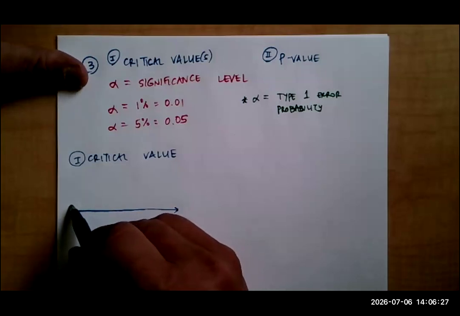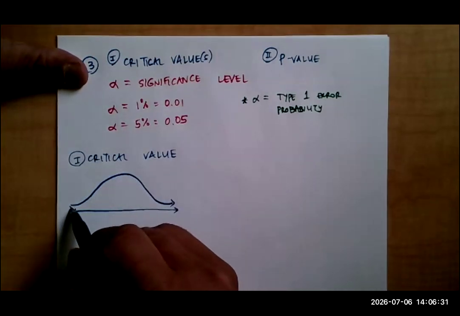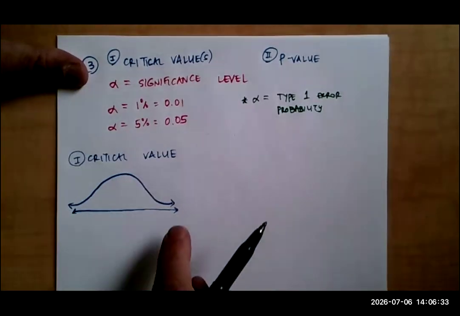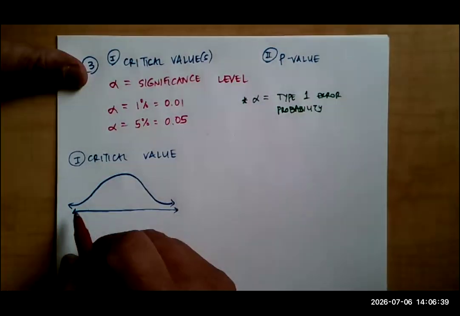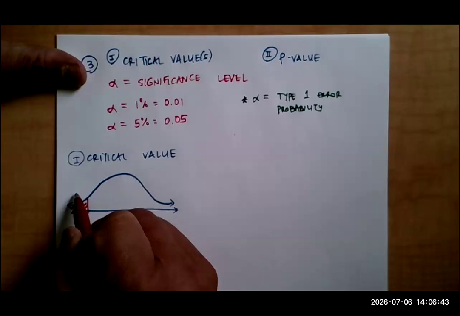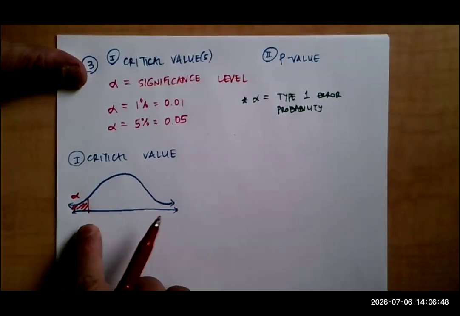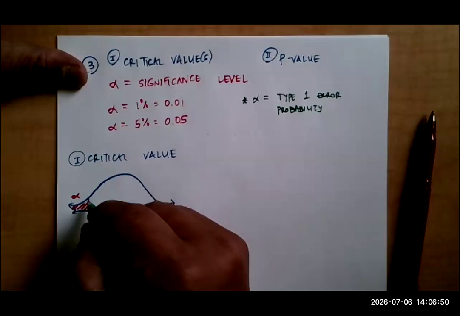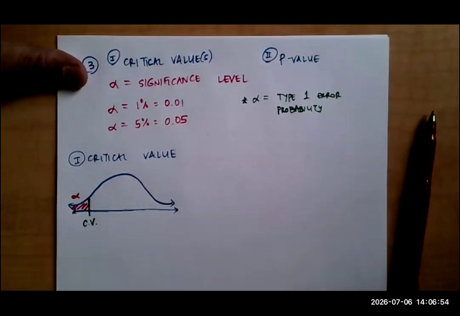But with our critical value, we have our distribution curve, that z, that t distribution, so on. And when we look at those critical values, we're identifying that if I have that amount of area alpha in that tail, that cutoff value for it is your critical value.